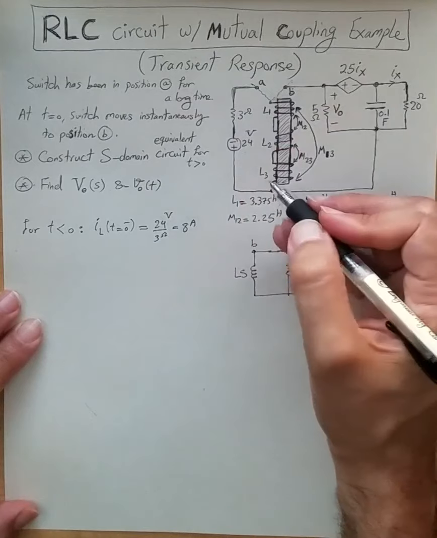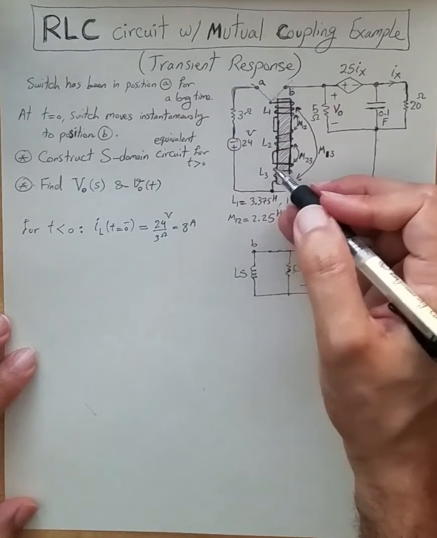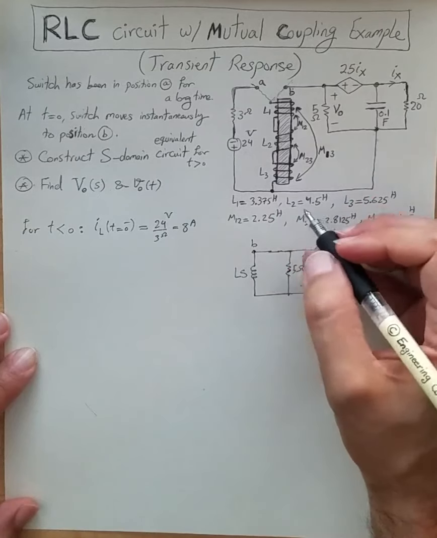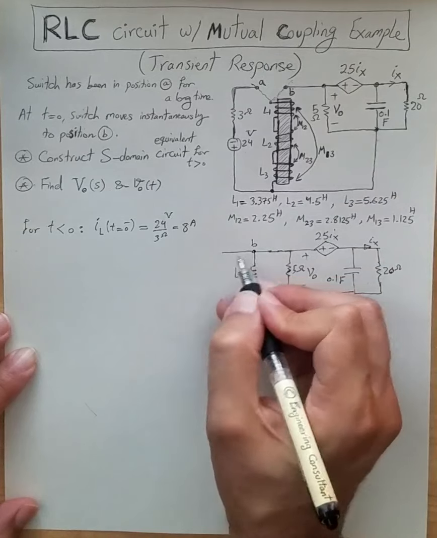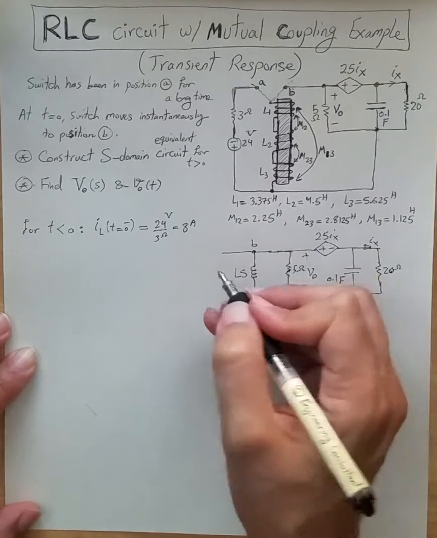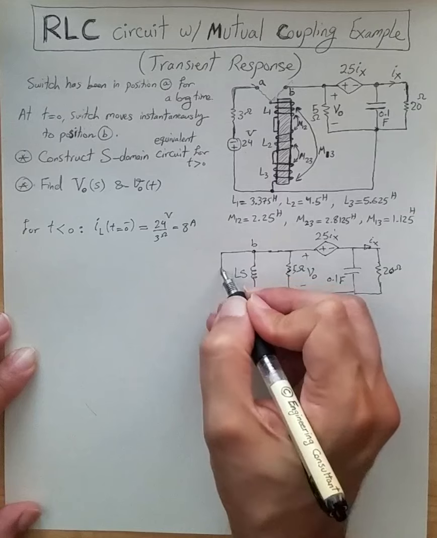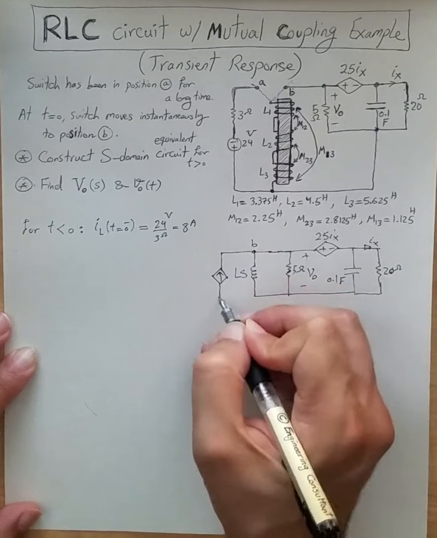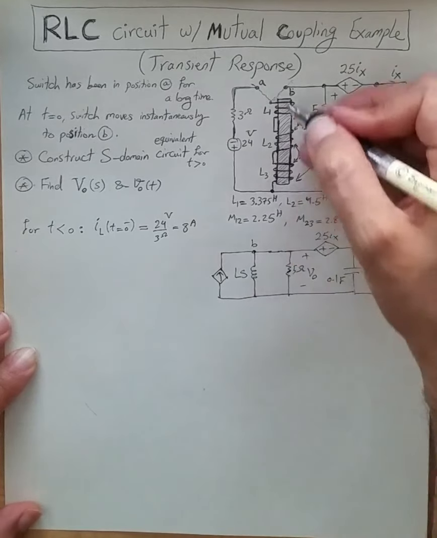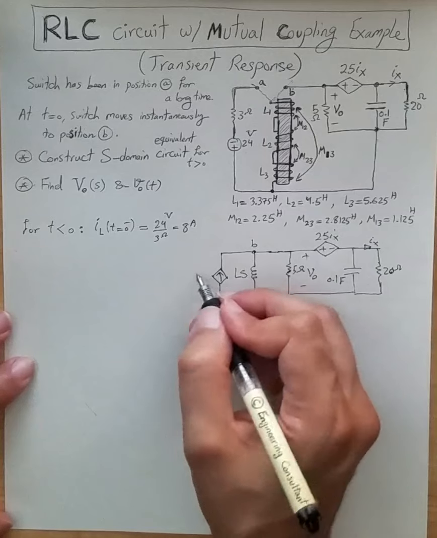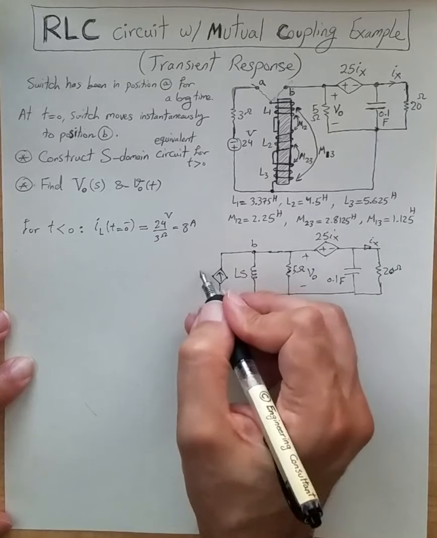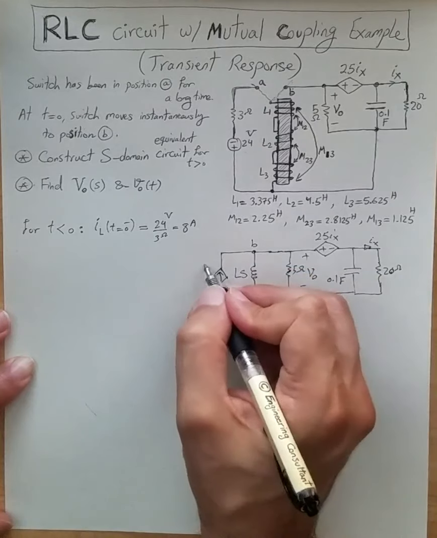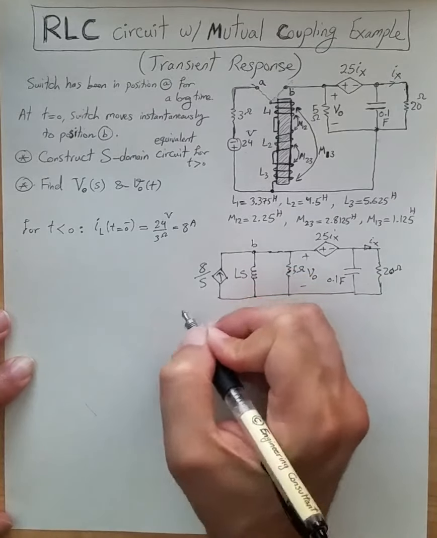And because an inductor tries to keep its current from changing instantaneously, at time t equal to 0 positive, right after the switch changes position, there is still a current flowing through the inductor from bottom to top, same direction as before, and its value is 8 starting from time 0. So in Laplace transform it would be 8 over s.